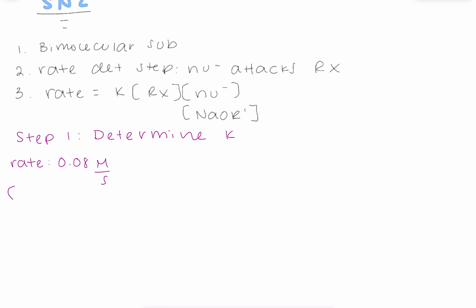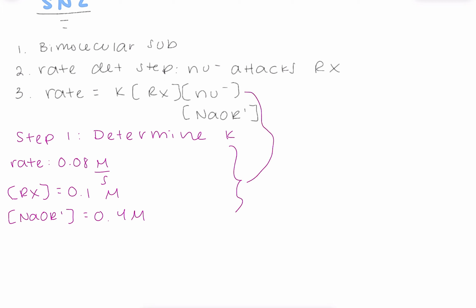The concentration of alkyl halide used was 0.1 molar, and the concentration of sodium alkoxide is 0.4 molar. So we need to plug these in to this equation to find K.